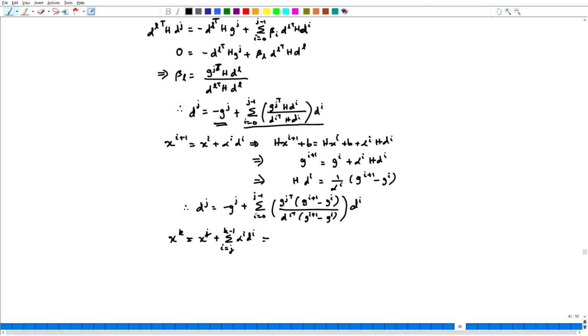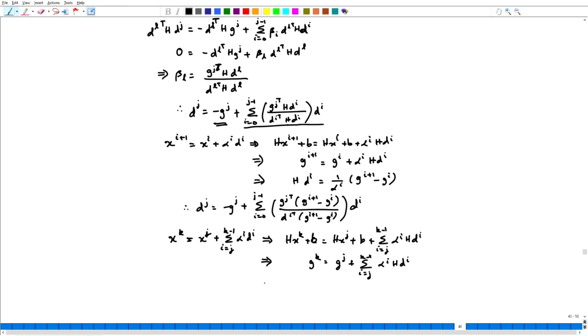Okay. So, now I will multiply by H and add b, like what I did here. So, we have H x k plus b equals H x j plus b plus summation I equal to j to k minus 1 of alpha I H d I. Okay.